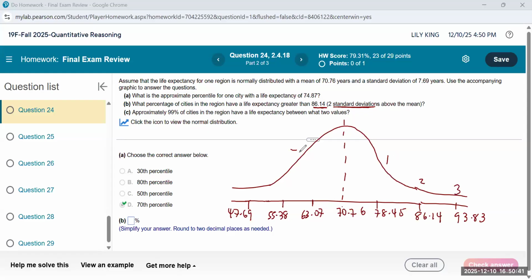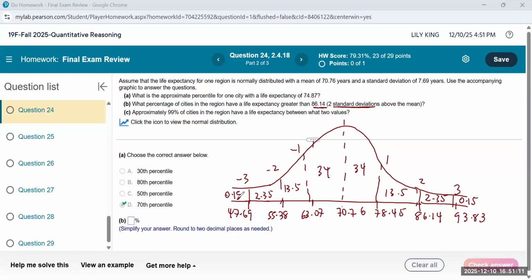So I then go to my formula sheet and indicate the percentages in each chunk: 34, 34, 13.5, 2.35, 0.15, 13.5, 2.35, 0.15.